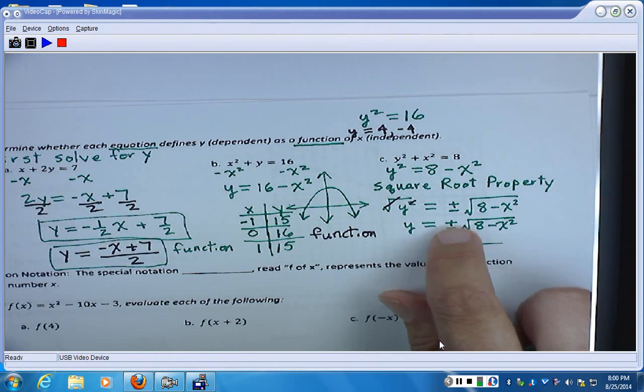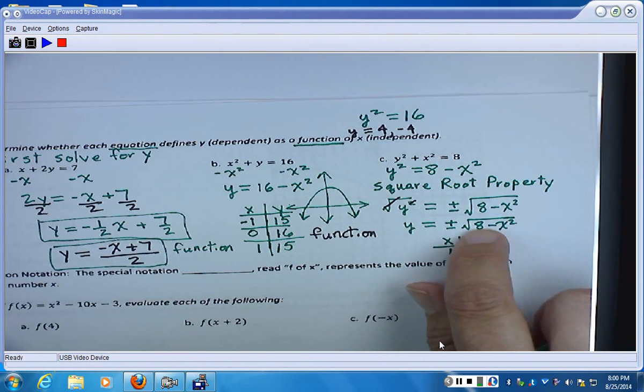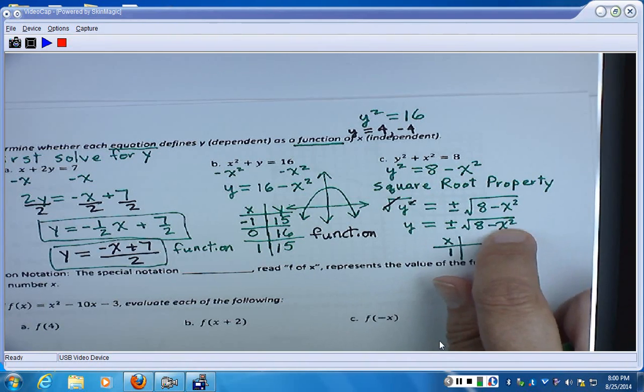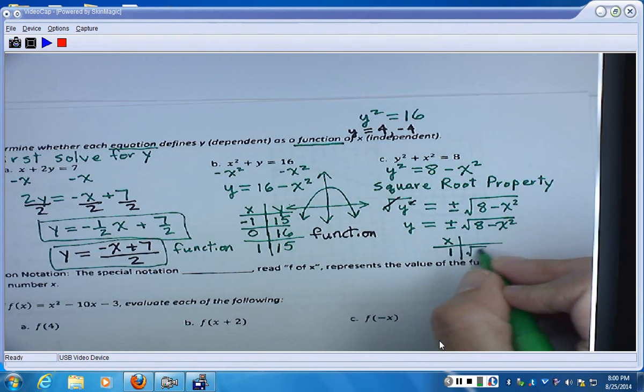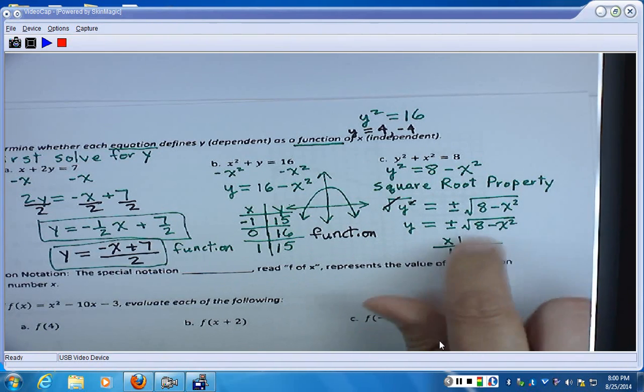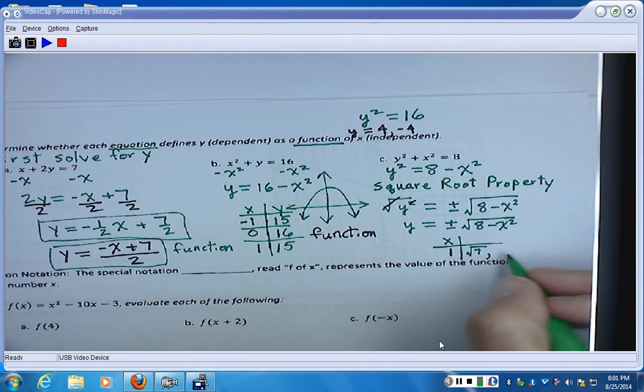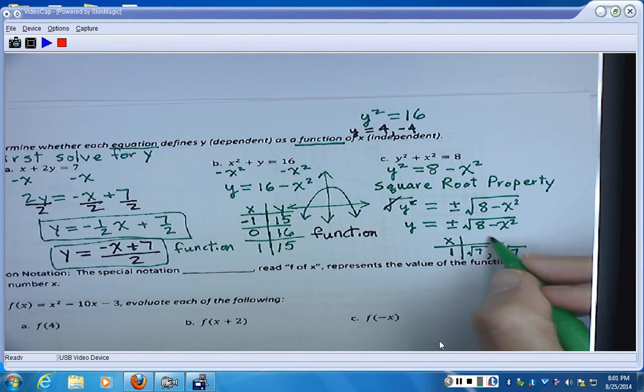You get a positive 8 minus 1. 8 minus 1 is 7. So it's a positive square root of 7, and then the negative square root of 7. So we get two answers for y. Then that's not a function.